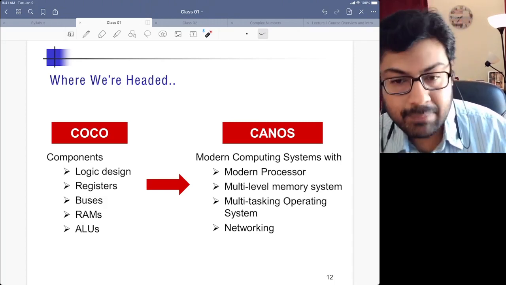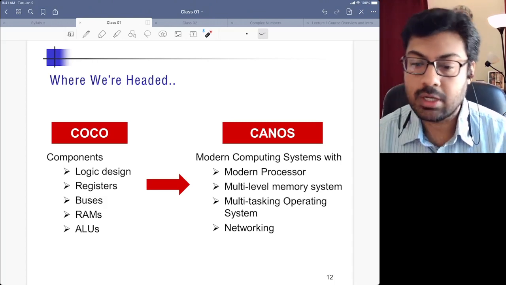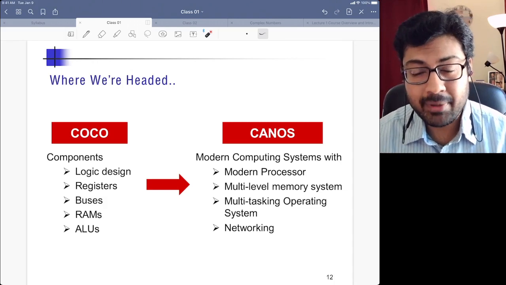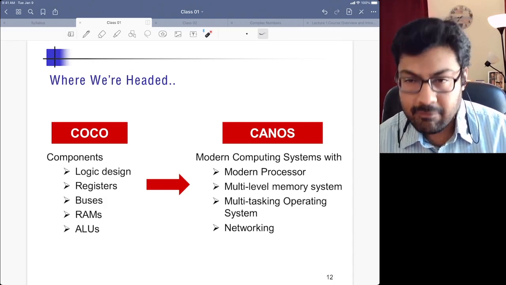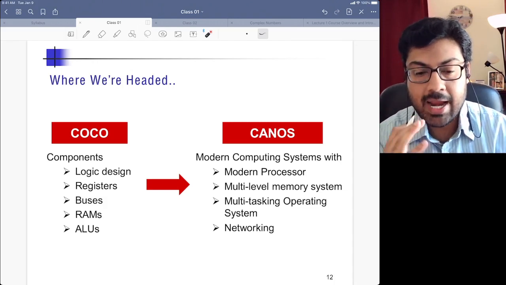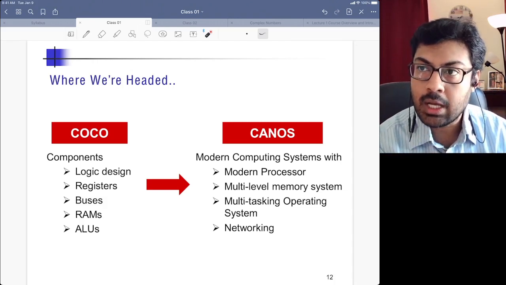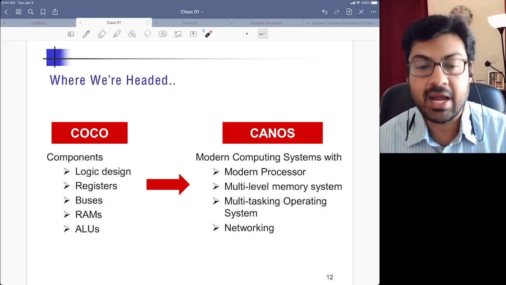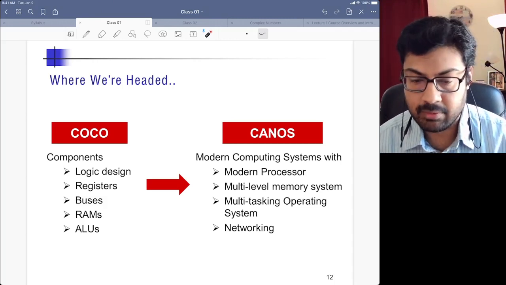Then we'll talk about pipelining. Then we'll start talking about operating systems and memory. But when we get to operating systems, there will be a small change. The change will be that you're looking at things a little bit more theoretically, right? So what goes on behind the scenes in an operating system?